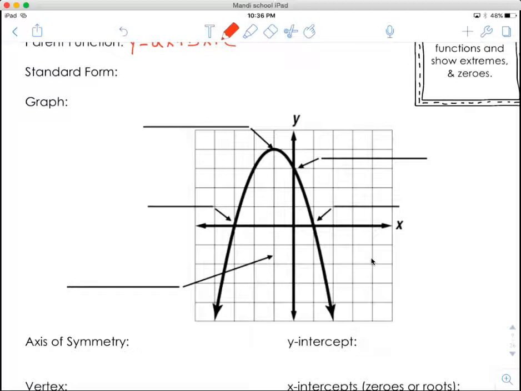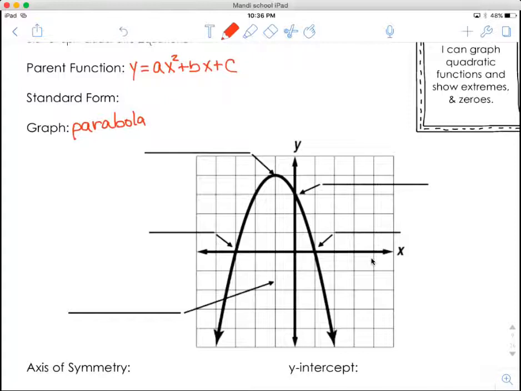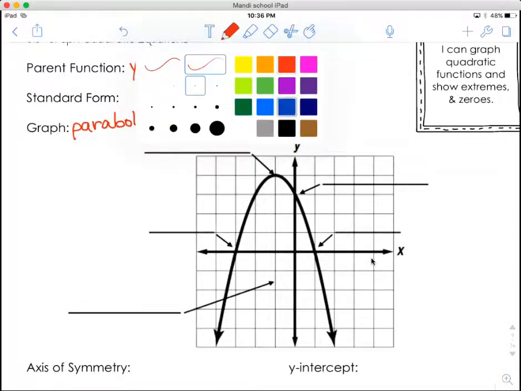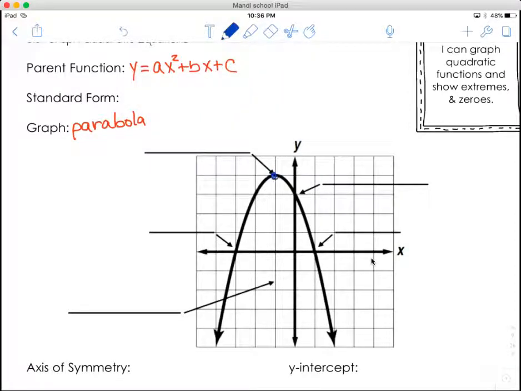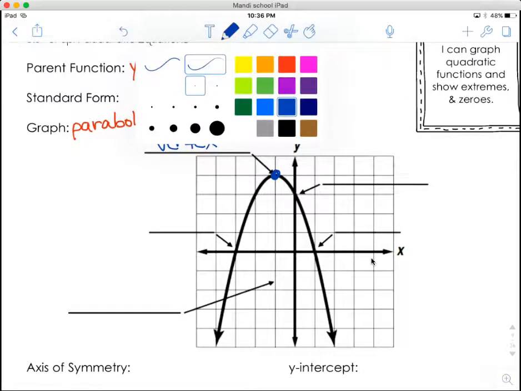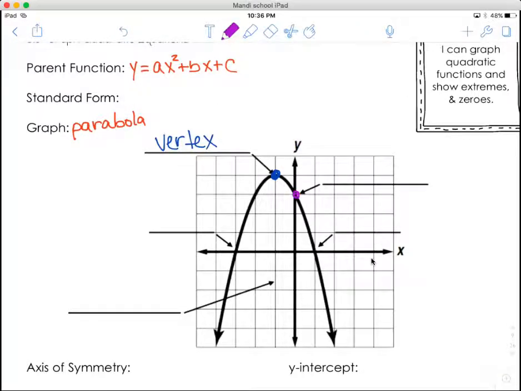This is called a parabola, and that's what happens when you have x squared. This top point is called the vertex. It's the turning point of the graph. This point, just like when we had the equation of a line, is the y-intercept.